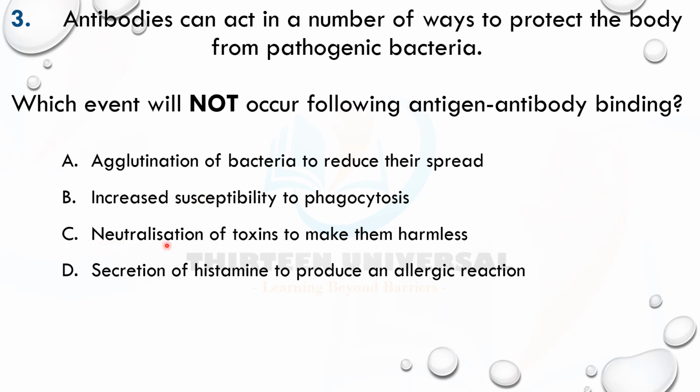C says neutralization of toxins. Yes, this is for antitoxins. They neutralize toxins and make them insoluble. So this happens, which means D doesn't happen. Secretion of histamine to produce an allergic reaction does not happen as a result of antigen-antibody binding. So that is our answer.